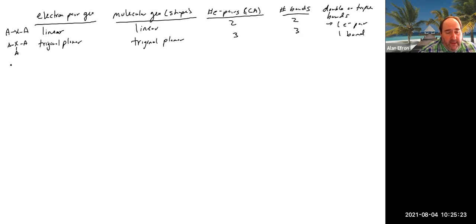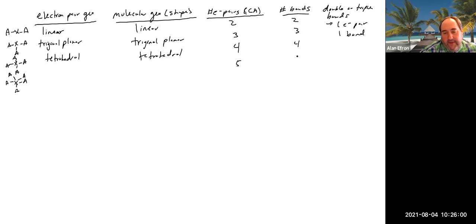If we had our central atom and four things attached, we have four electron pairs and four bonds. That's going to be tetrahedral, again with a bond angle of about 109.5 degrees. We also then got into a couple of our expanded octets, something with five things attached.